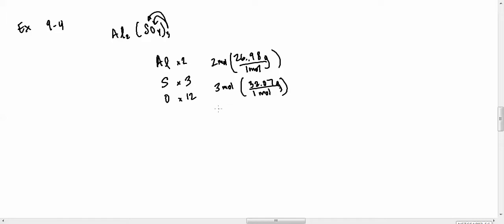And then the oxygen, I have 12 moles of this oxygen, which gives me, for every 1 mole of that oxygen, I told you I would write down 16.00 grams.